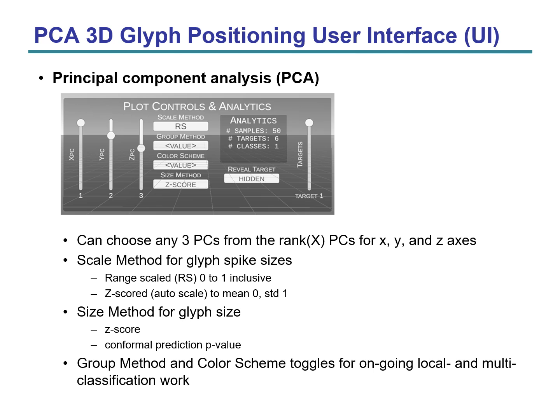And then, as you can see, we have some analytics. It's telling us how many samples are in the training set that are being posted into the VR, and how many target samples are getting posted into the VR. In this example, there are 6 target samples, and this is one class classification. With targets, the slide bar on the far right, since there are 6 targets, we can slide around.